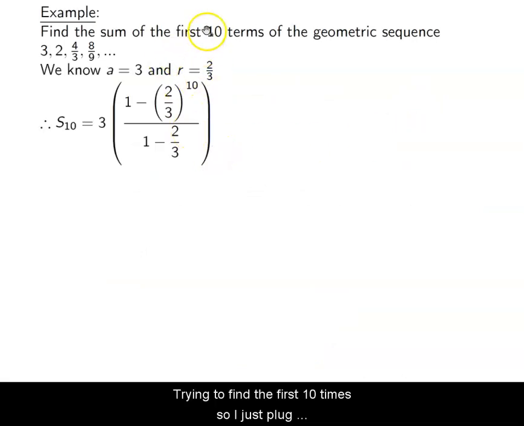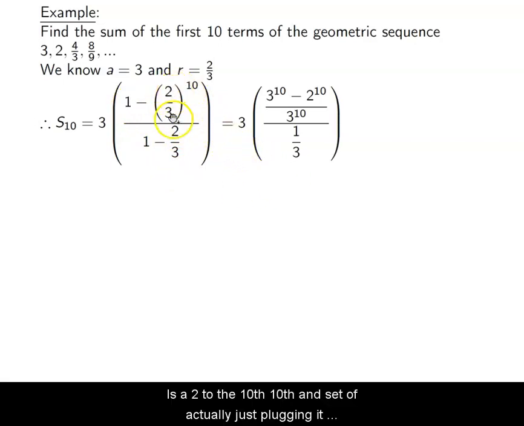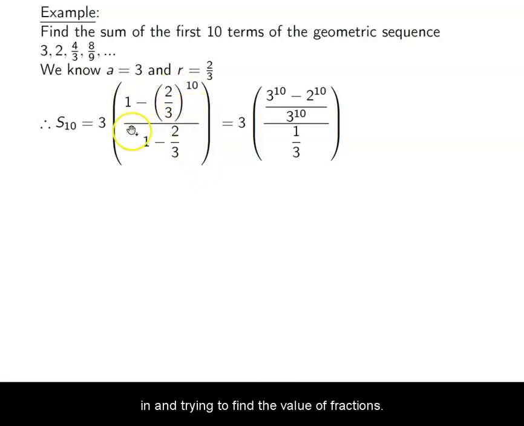I'm trying to find the first 10 terms, so I just plug everything in: first term times 1 minus r to the 10th over 1 minus r. Here, this is 2 to the 10th over 3 to the 10th. Instead of actually just plugging it in and trying to find the value, there's a lot of fractions here.